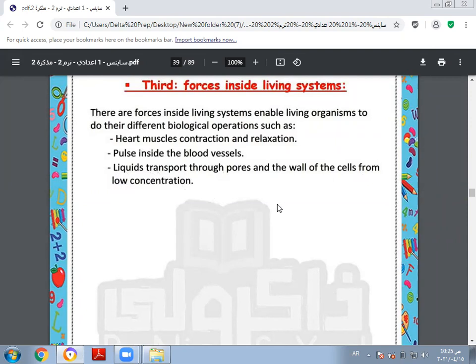So liquids are transported from low concentration to the higher concentration. Number 3, rising of water and salts from the soil in plants: they are transported in the plant from root, stem, then to leaves against the earth's gravity force. The last thing is that the contraction and relaxation of muscles help the body organs to move.